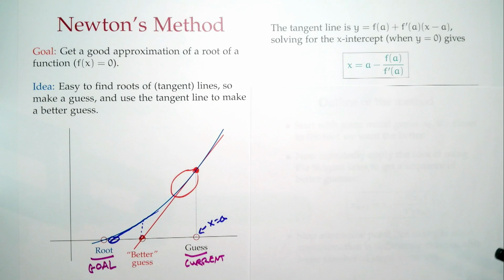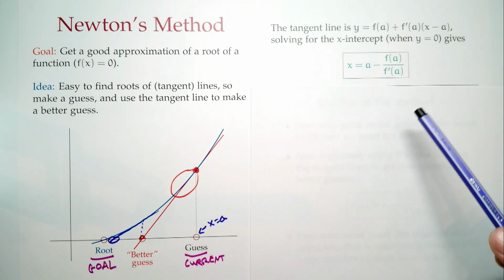So that would be when we set y equals 0. So we hit the x-axis at y equals 0. So, okay, you set y equals 0, and you do a couple of things. You can subtract f of a over and divide by f prime of a, and then you would add a. And if you do that, none of this algebra is tricky.